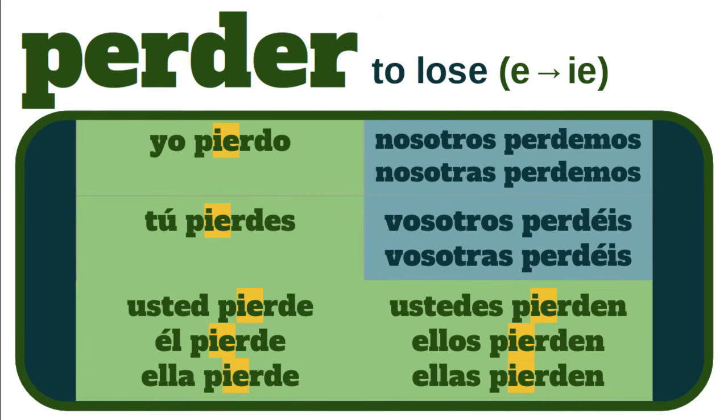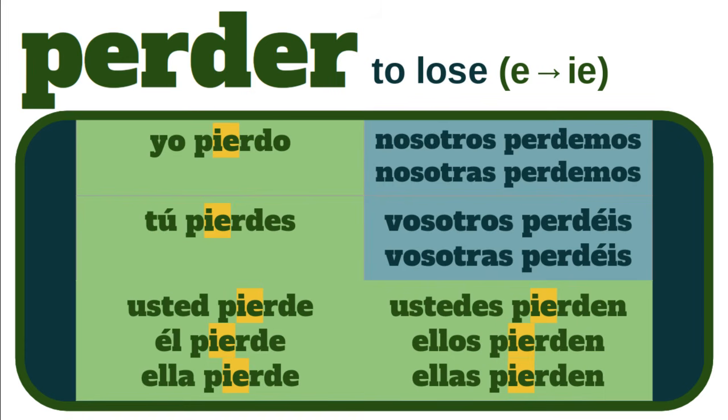Another verb that has the same E to IE stem change is the verb perder, which means to lose. Again, the change only occurs in the yo, tú, usted, él, ella, ustedes, ellos, and ellas forms. The change does not occur in the nosotros or vosotros forms.